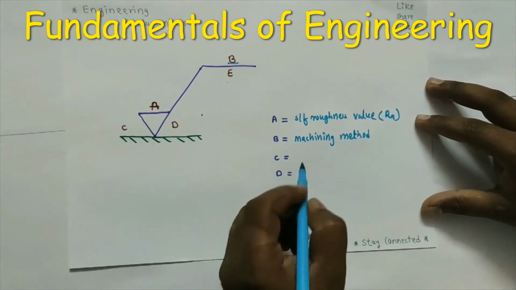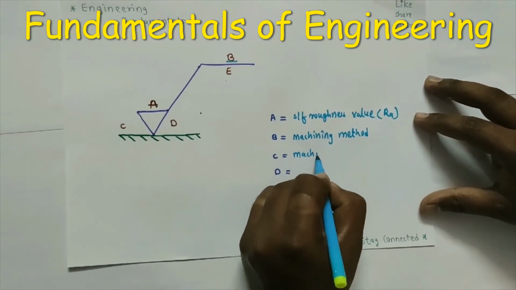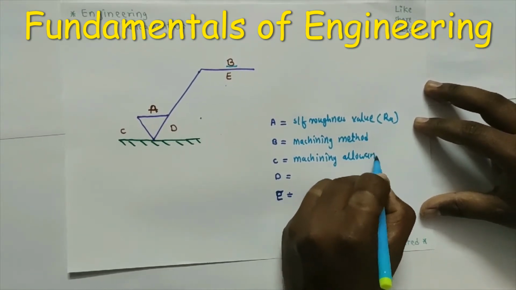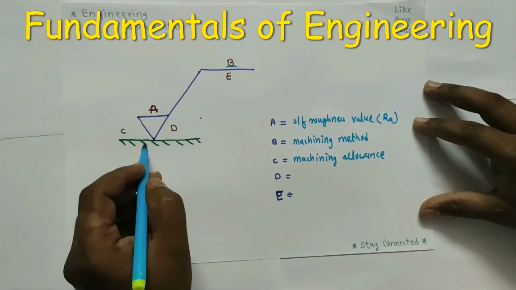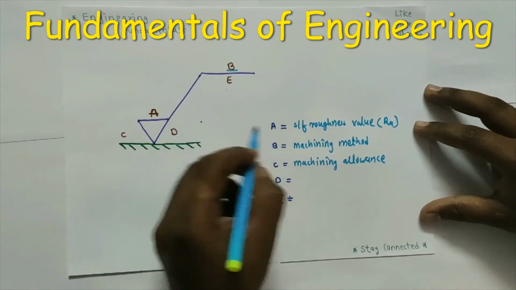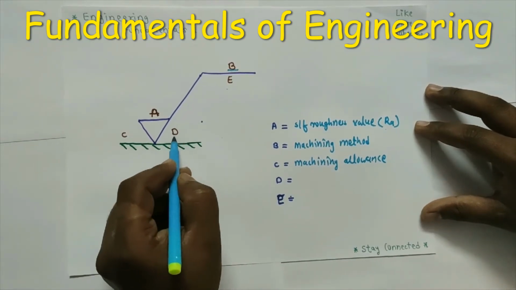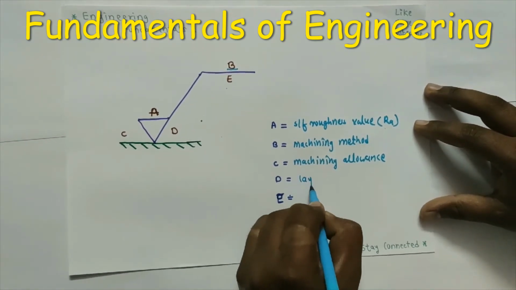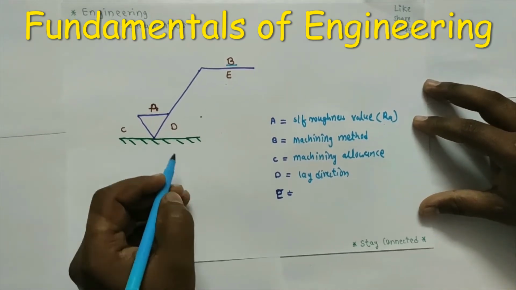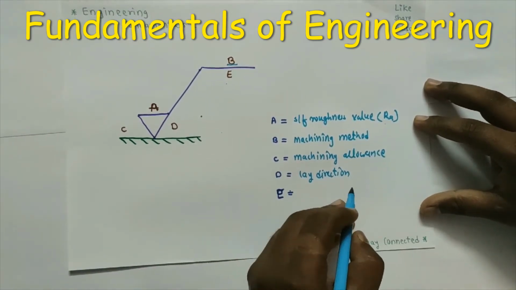C stands for machining allowance, that is, how much machining allowance is given to the surface for which we are getting this Ra value. D stands for lay direction, meaning the direction in which you have measured the surface roughness.